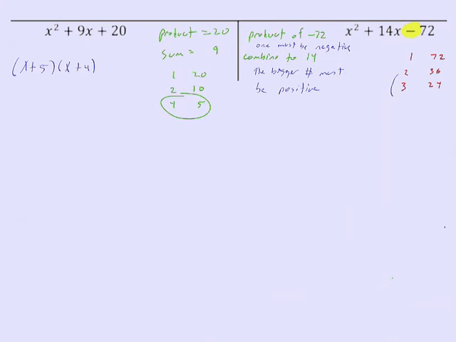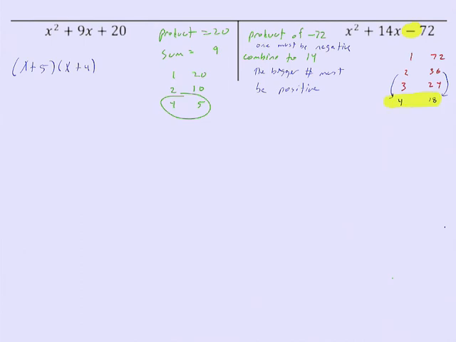If I take the 2 and double it to make 4, balance that out by taking the 36 and cutting it in half. And so 4 and 18.